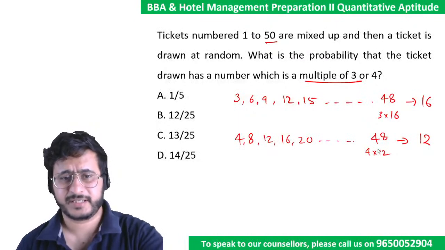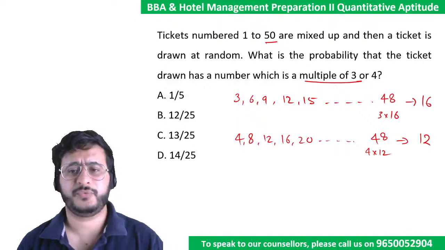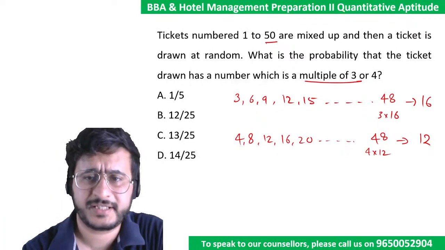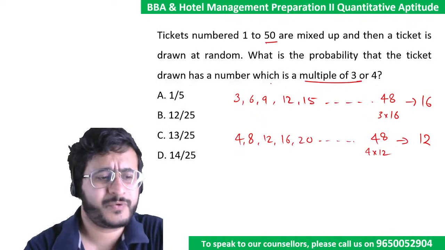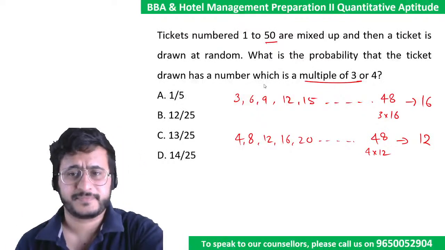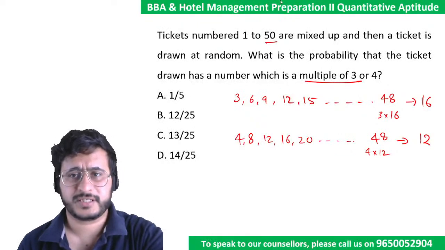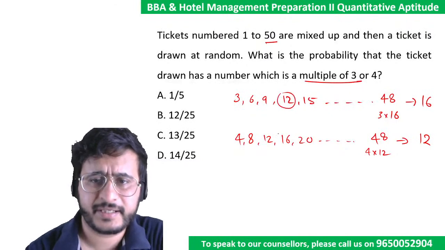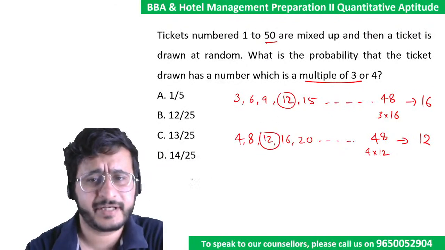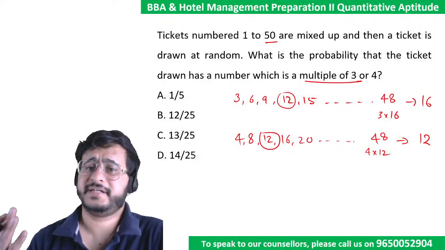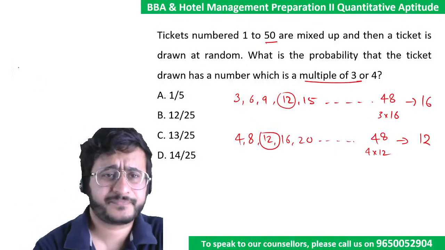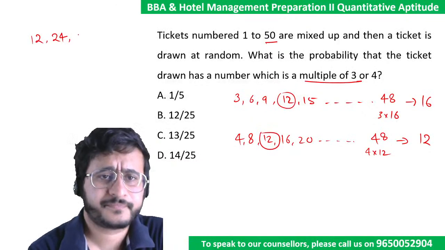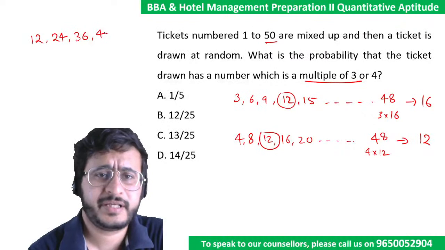Now the question is how many are a multiple of 3 or 4? If you look closely, as I told you in one previous question as well, you do not have to count twice. You should always count just once. 12 is occurring here and 12 is occurring here also, so I am counting it twice. The numbers counted twice would be 12, 24, 36 and 48.